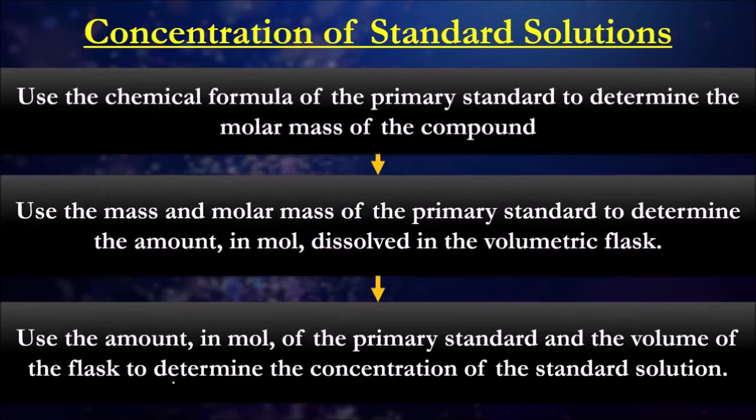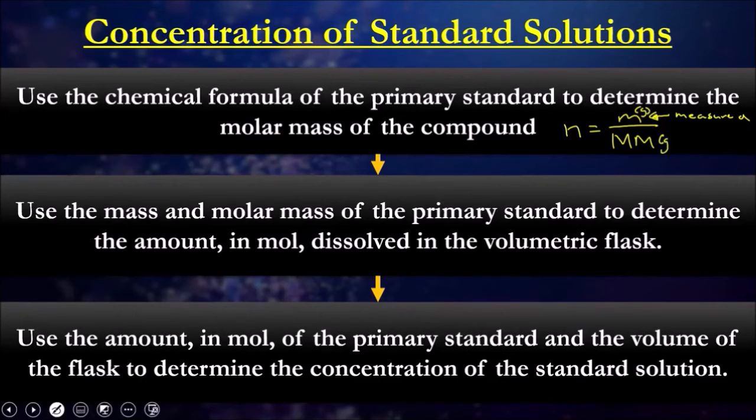So firstly, you need to find out the molar mass. So you're using n equals m over M. Little m is the thing that you measured out. So whatever you measured out with your electronic balance, that's the thing that you're going to put up there. Remember, all of these are in grams. That's in grams. That's in grams per mole, which means number of moles, the units of that is just moles.